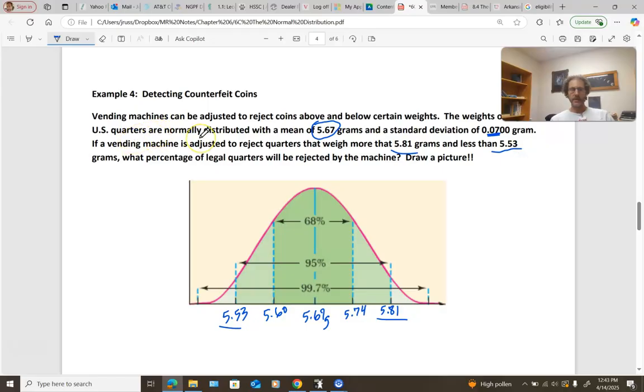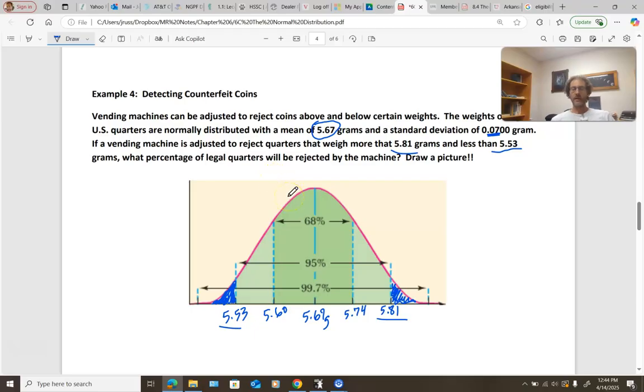So it says the vending machine is adjusted to reject quarters that weigh more, so the ones that weigh more would be in this area. I'm going to go ahead and shade this in. And weigh less than 5.53, so that would be this area over here. In other words, we're trying to figure out what percentage these two areas comprise of this total curve.